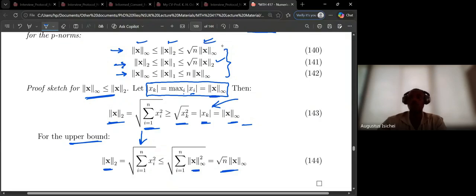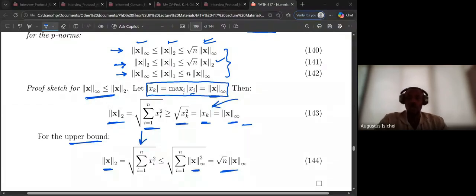So that shows the equivalence of these norms. Whenever you're dealing with any of the norms, you know how to relate them. The infinity norm is less than or equal to the Euclidean norm, and the Euclidean norm is less than or equal to the square root of n times the infinity norm. Okay.